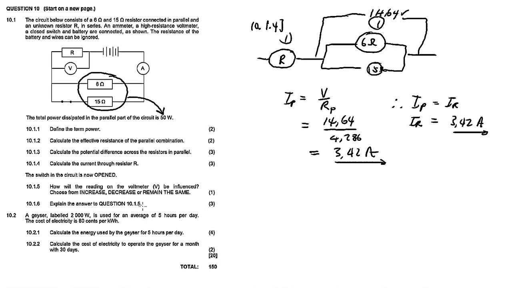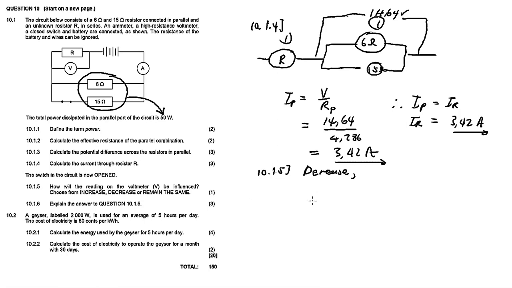Choose from increase, decrease, or remain the same. Okay, I said it will remain the same, I'll explain why. It will wait. So it will decrease, not remain the same. Decrease.